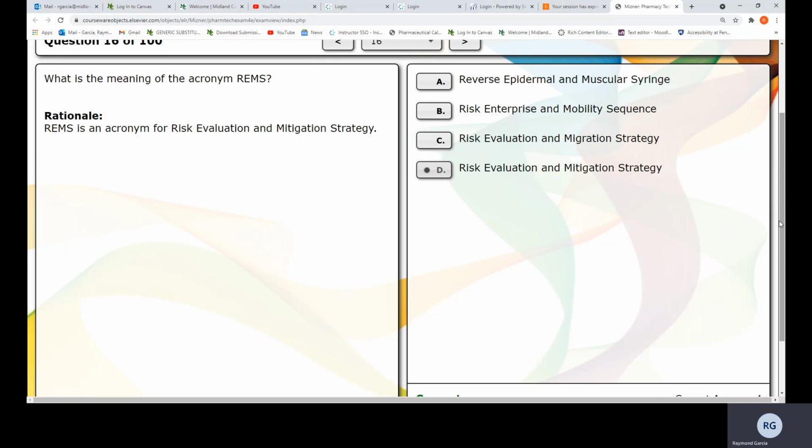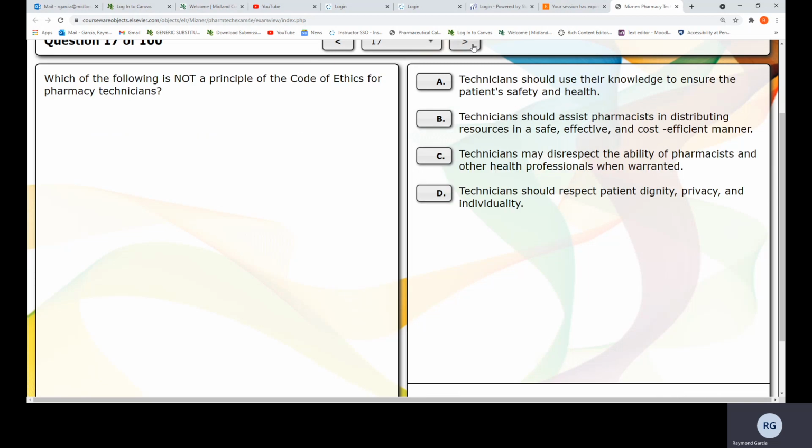that's true. That's true. But I mean, migration, you never really seen that in the pharmacies. And I mean, mitigation, that sounds pretty much pharmaceutical type, I guess. Pharmaceutical wording. Which of the following is not a principle of the code of ethics for pharmacy technicians? So it's not a principle.